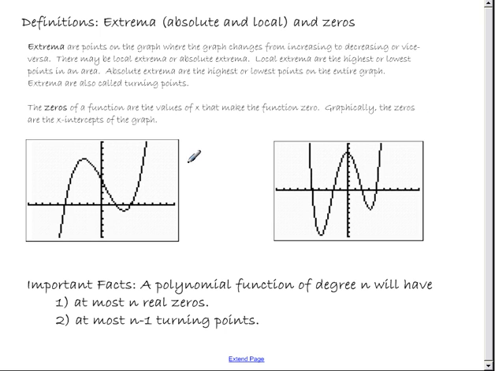Okay? So looking at this function here, we see that there are 1, 2, 3 zeros. For this graph, we have 1, 2, 3, 4 zeros. How many turning points do we have?